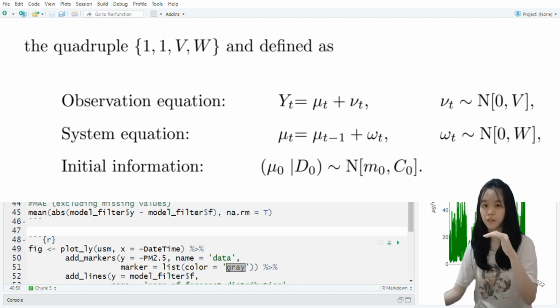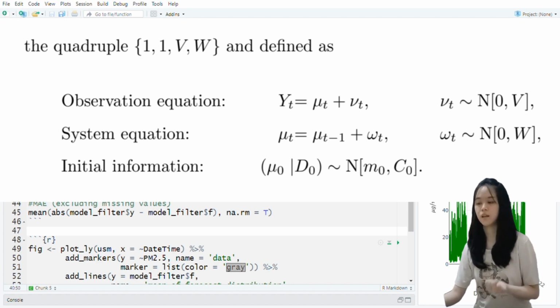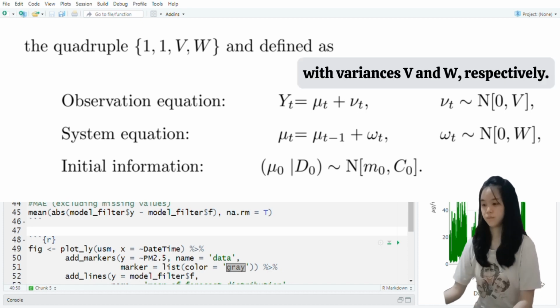And that mean level is modeled in the system equation, in the system level, as the previous mean level plus some error term. The error terms, both in the observational and the system level, are normally distributed.